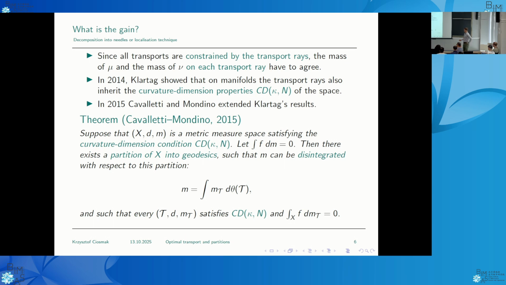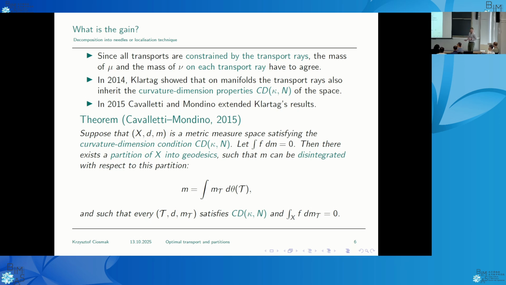So we have this disintegration, and these measures m_t, which are concentrated on the transport rays. They are concentrated on disjoint transport rays, right? And this disintegration also has the property that these transport rays satisfy the CD condition, and also our function f integrates to 0 with respect to m.